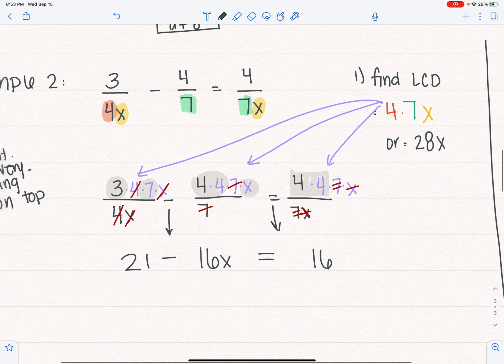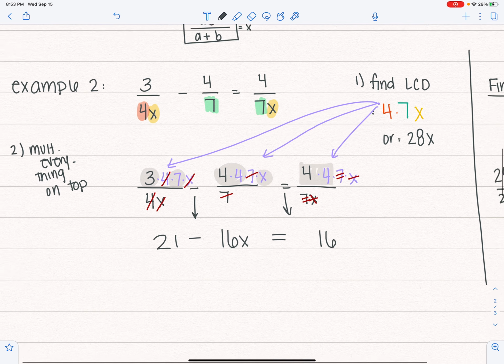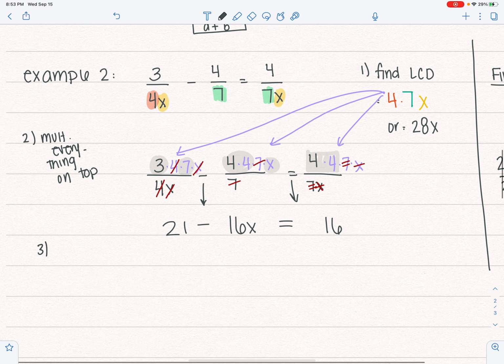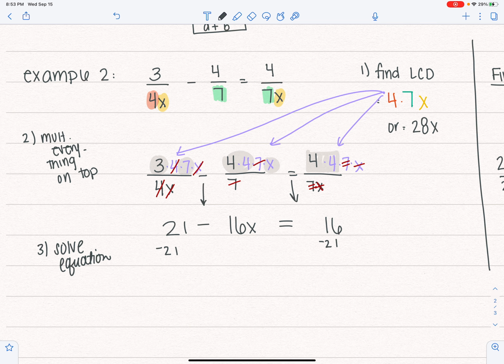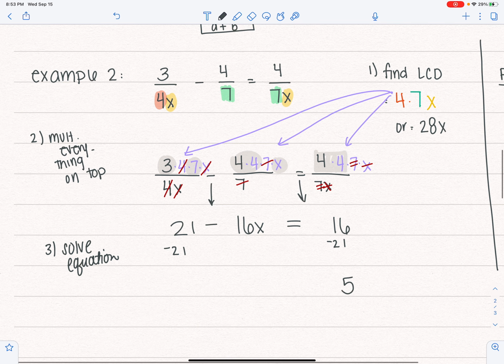So thankfully, this one doesn't give me any x squareds left. So now this is just step 3 to solve the equation. I don't have any distributing or like terms to combine, so I get to go straight to solving. I need to get the x's by itself, so I'm going to subtract 21 from both sides, which is going to give me an answer of -5 over there.